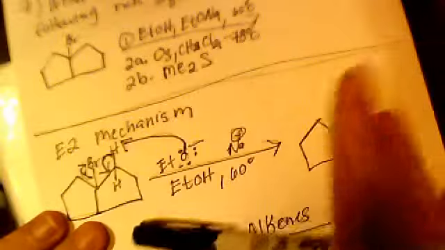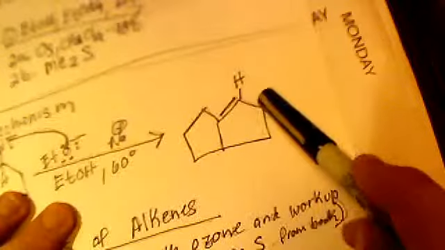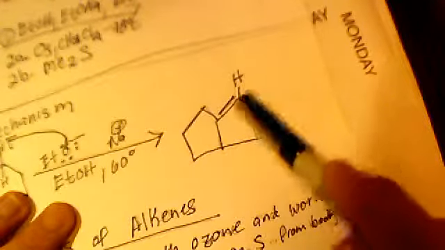So going back now to finish up the problem, this was the molecule that we got after the E2 mechanism, with the H and the double bond, the bromine left. So let's just rewrite that molecule real quick right here.